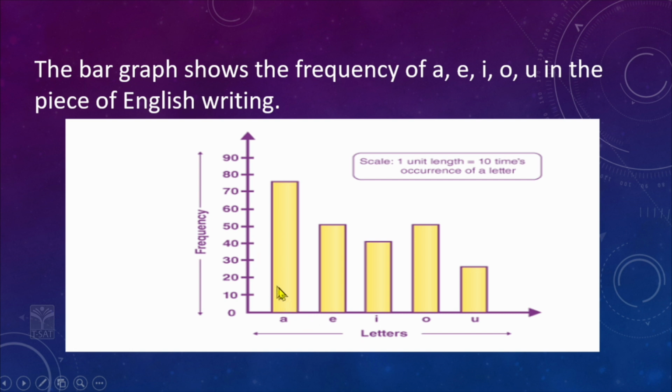The letters given are A, E, I, O and U. A lies between 70 to 80, E lies between 50 to 60, I lies between 40 to 50, and O is mostly equal to 50, and U approximately equal to 30.